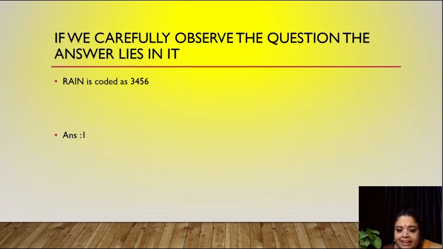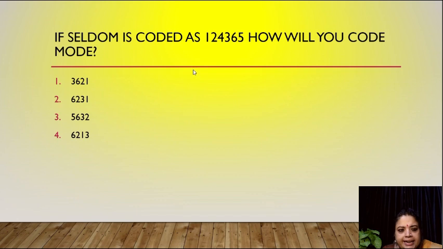So this is another way of simple representation, but you need to observe that pattern, then only we can find the answer. Then next one, if SELDOM is coded as 1, 2, 4, 3, 6, 5, how will you code MODE? So the answer options are given in terms of numbers here.